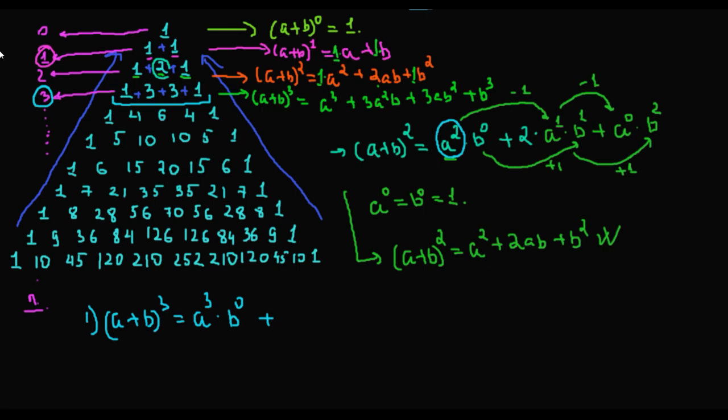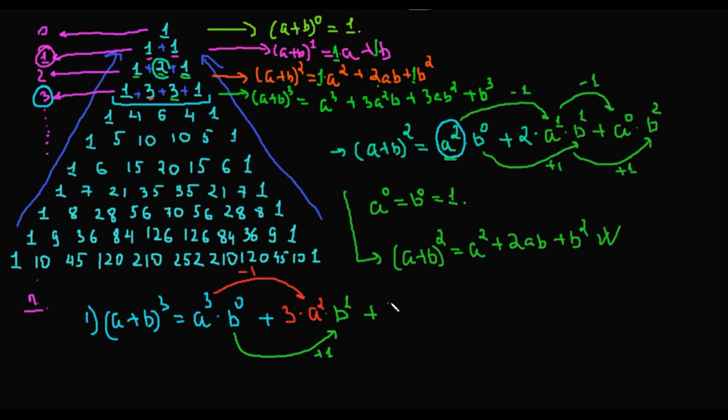Plus what? b should be increased to 1 and a should be decreased by 1, and the coefficient is 3. So let me write 3 times a squared, because of the decrease by 1, and again b is 1 because it is increased by 1. And plus, what is the next coefficient? 3.